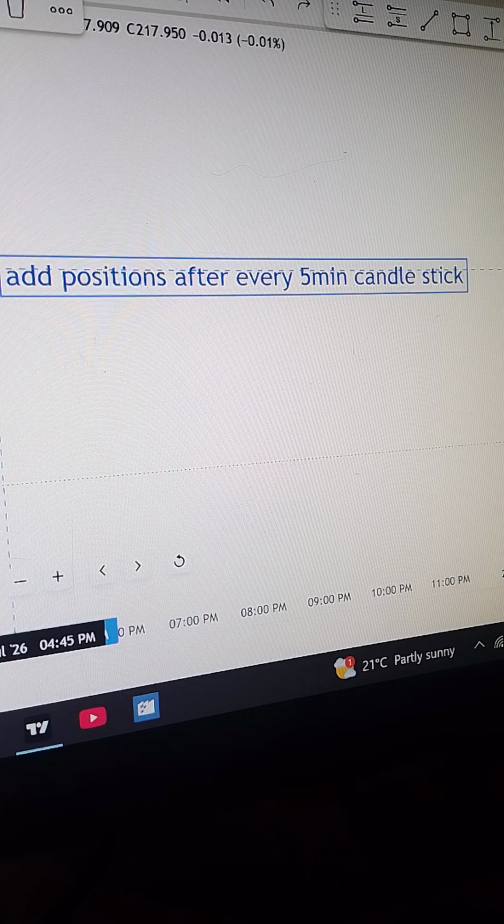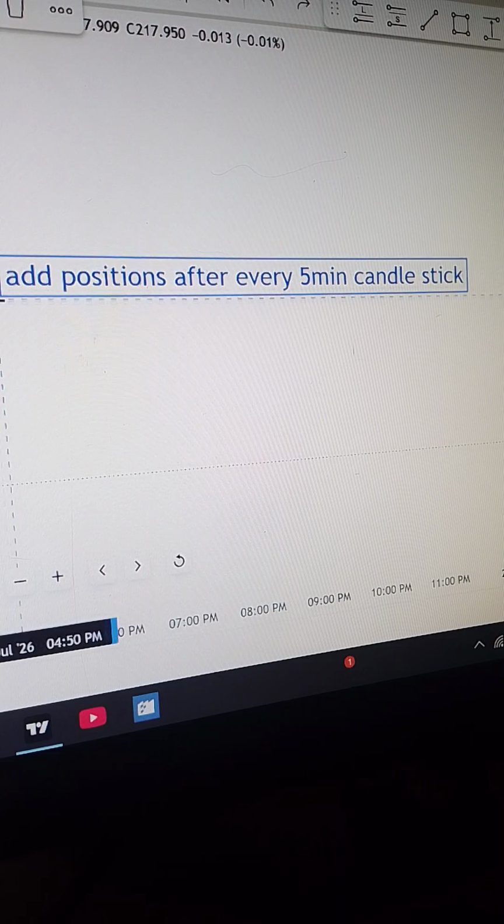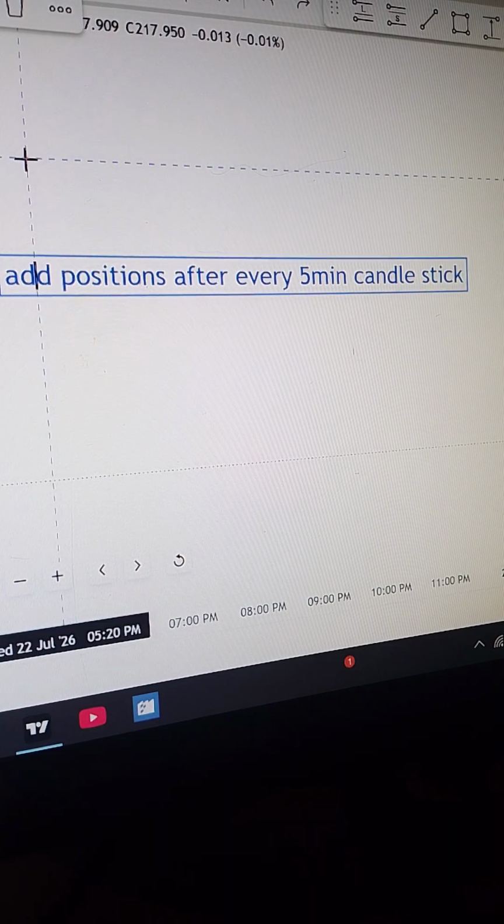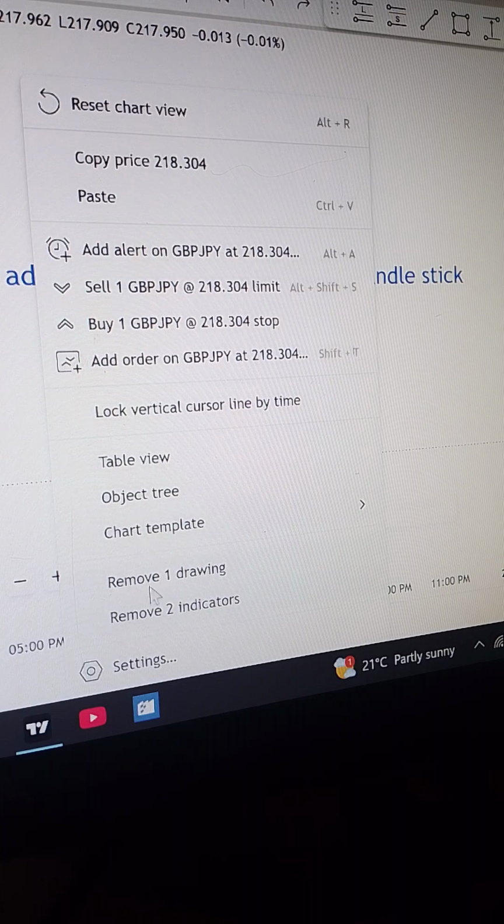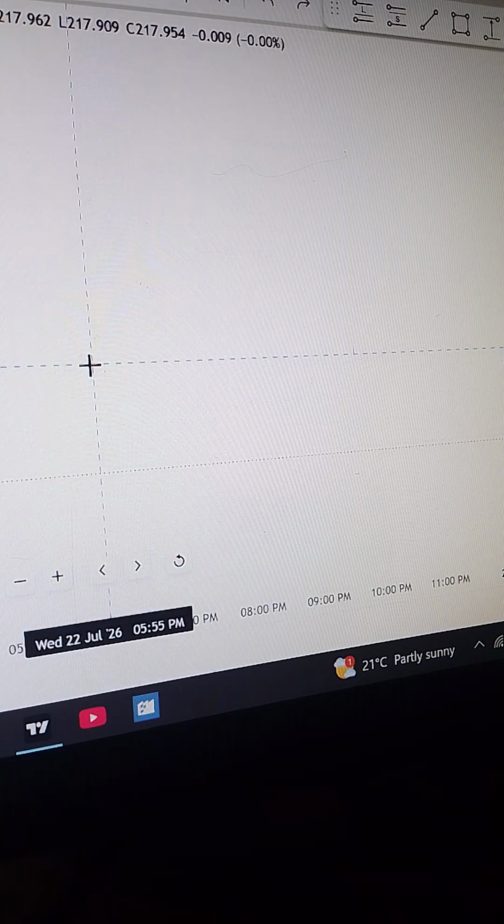If the market is going towards your direction, you add positions after every 5 minutes, after every 5-minute candlestick is formed. So after every 5 minutes, you stack more positions.